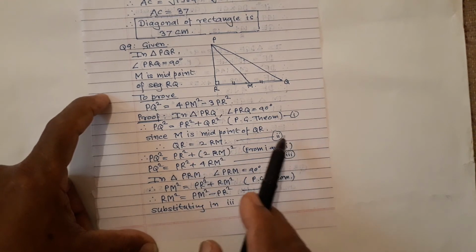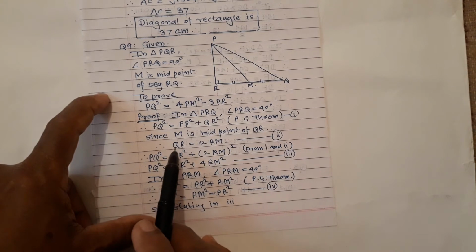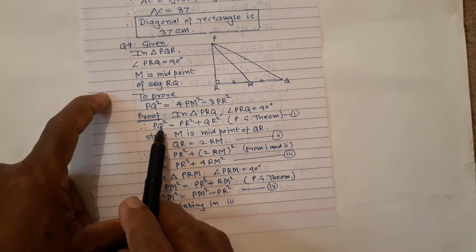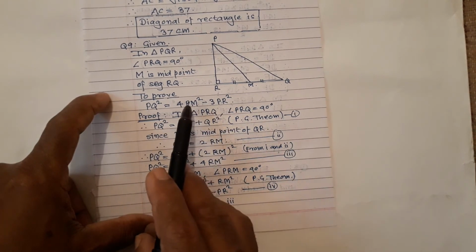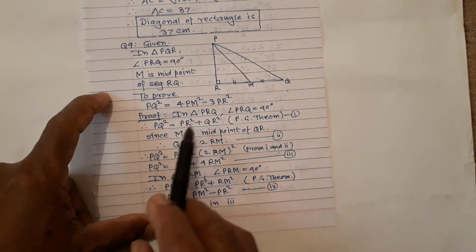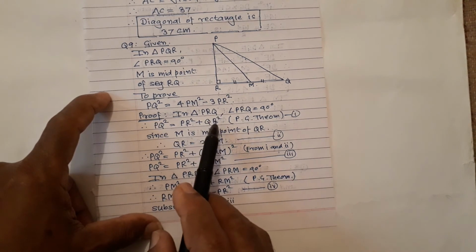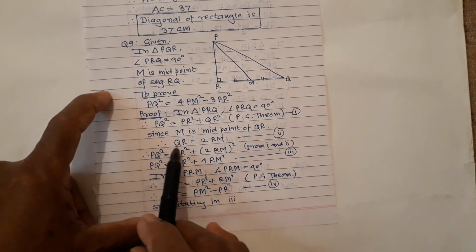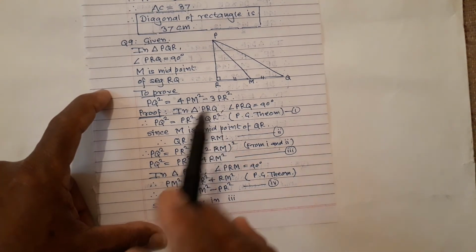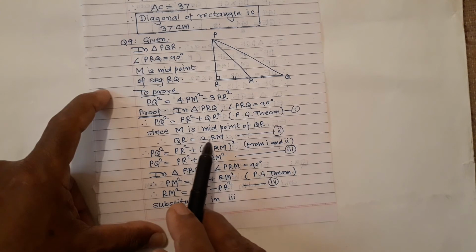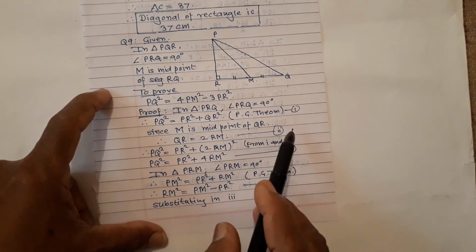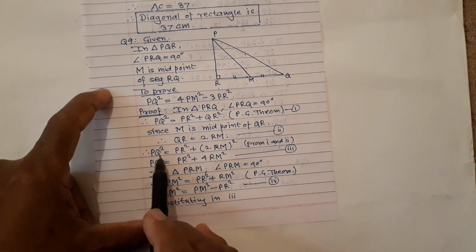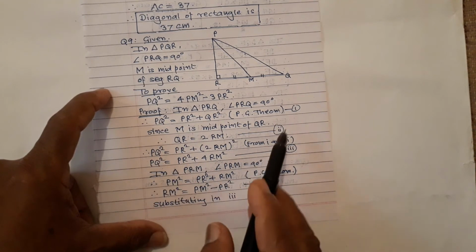Statement number 2. Now one thing you remember, why do I find this QR? Because in your proof PQ is there, PR is there, but PM is not there, and QR is not there. So to replace this, I want to find the value of QR. So QR is equal to 2RM, statement number 2, and then I substitute this here in equations number 1 and 2.